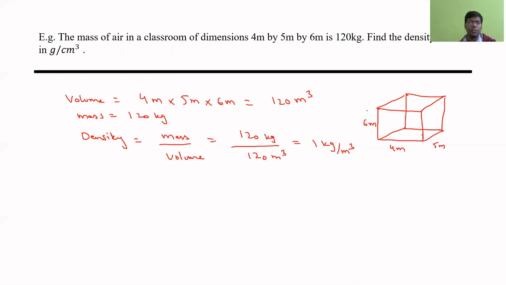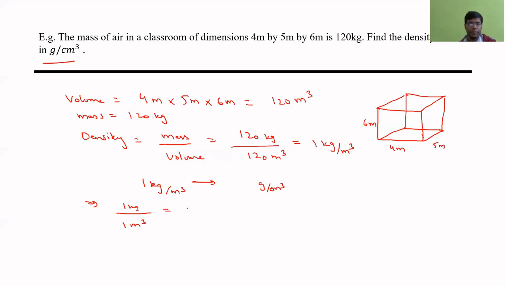Now, we need the density in grams per centimeter cube. So how do we do that? 1 kg per meter cube needs to be converted to gram per centimeter cube. So simple. First of all, let's write it as 1 kg by 1 meter cube.